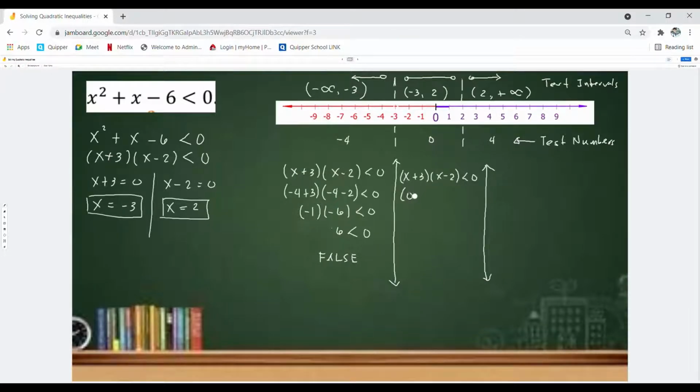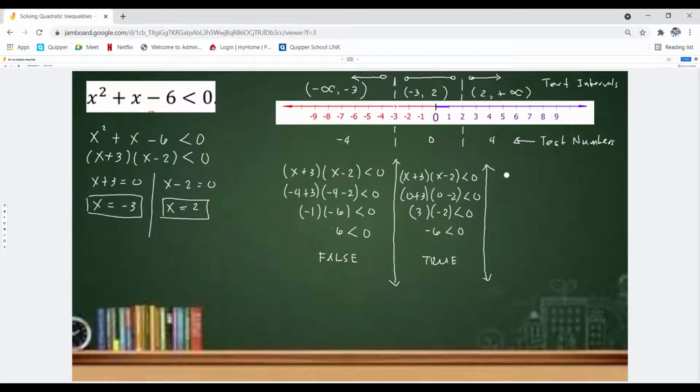So 0 plus 3 times 0 minus 2 less than 0. This is 0 plus 3, and then 0 minus 2 is negative 2. Is it less than 0? 3 times negative 2 is negative 6, and that is less than 0. True or false? True, very good, it's true, because negative 6 is always less than 0.